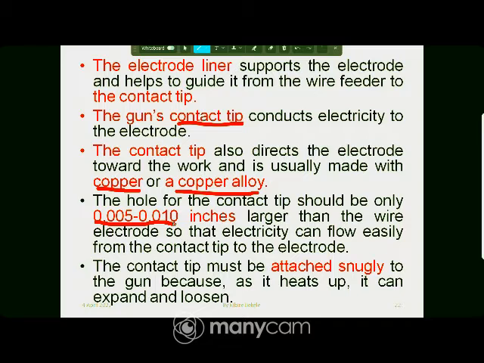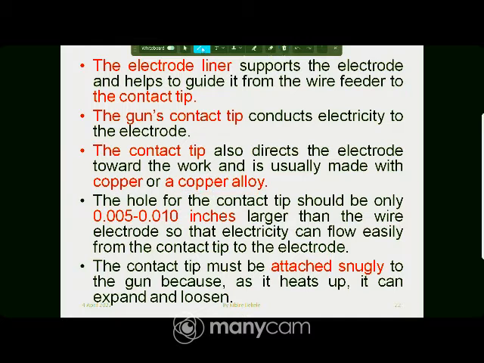It has two purposes: to let the electrode feed easily, and also to conduct the electricity. The contact tip must be attached snugly to the gun, because as it heats up, it can expand and loosen. So it must be snugly attached to the welding gun.